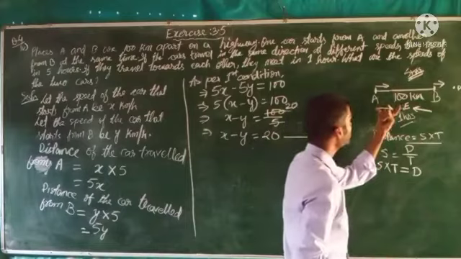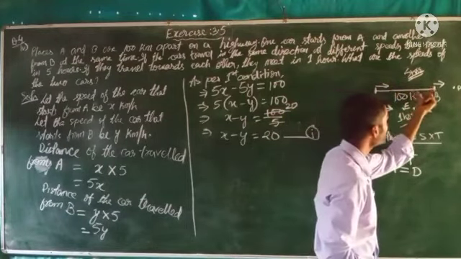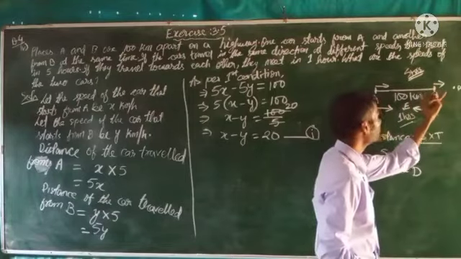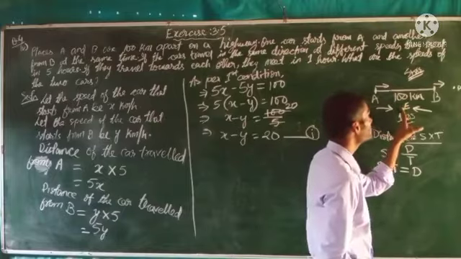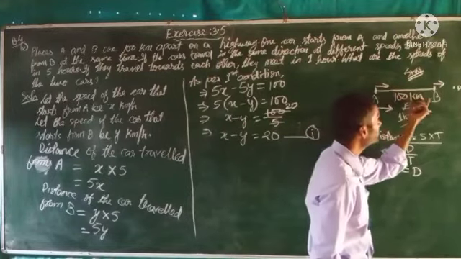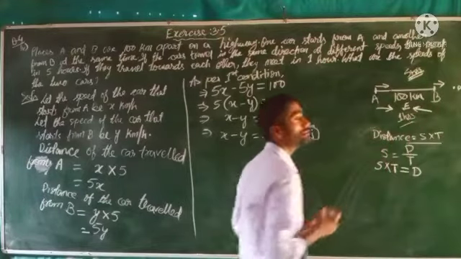That means whatever distance the first car covers, and whatever distance the second car that starts from B covers, the total will be equal to 100 kilometers, because they are meeting at a point while traveling in opposite directions.